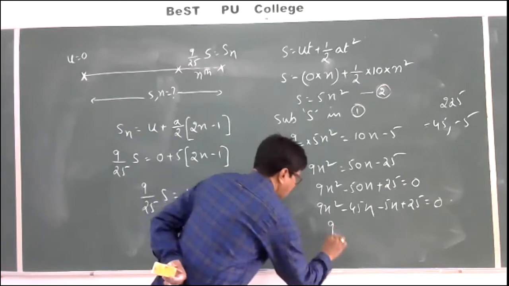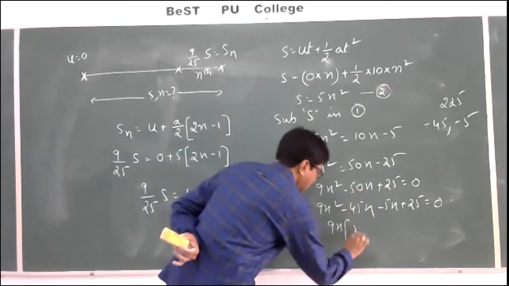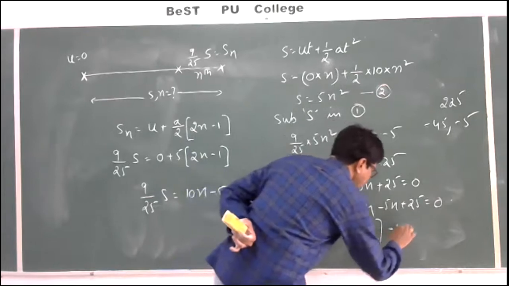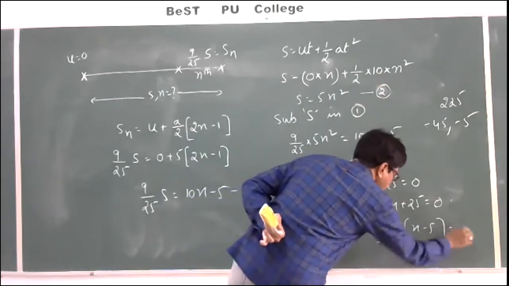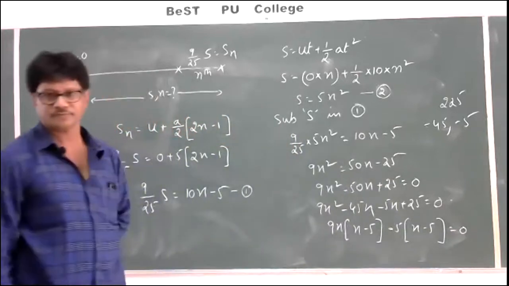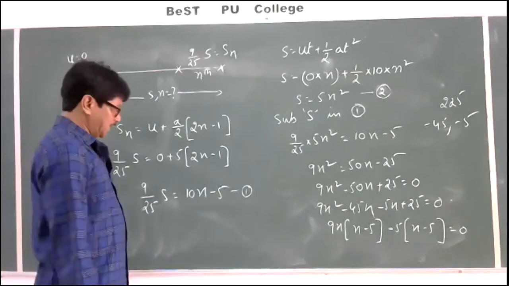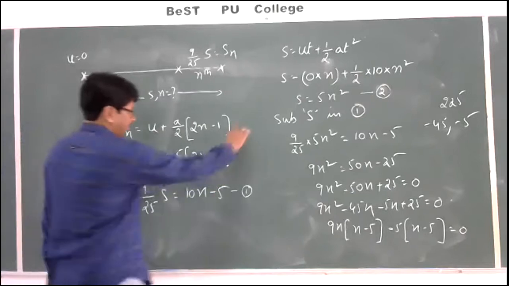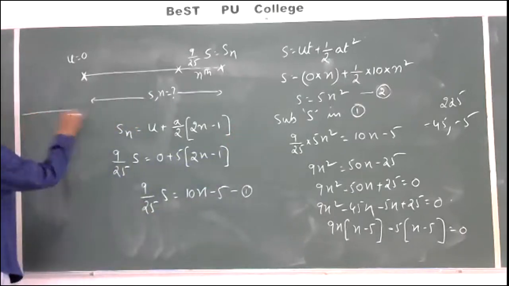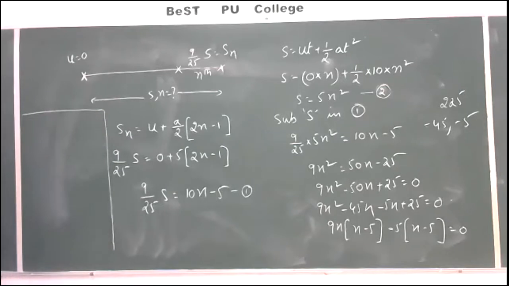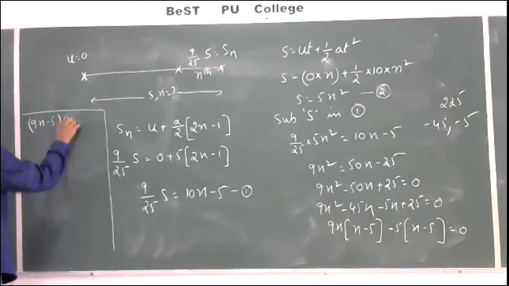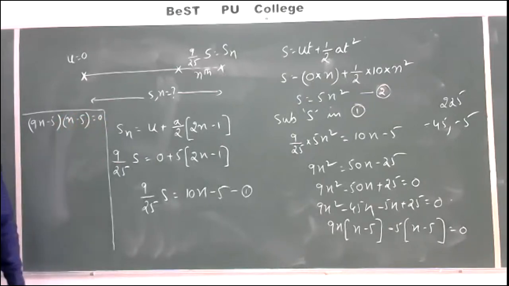If I take a common 9n, 9n minus 5 common, and then finally if you further simplify, you note down, finally what will we get? 9n minus 5 into n minus 5 is equal to 0.